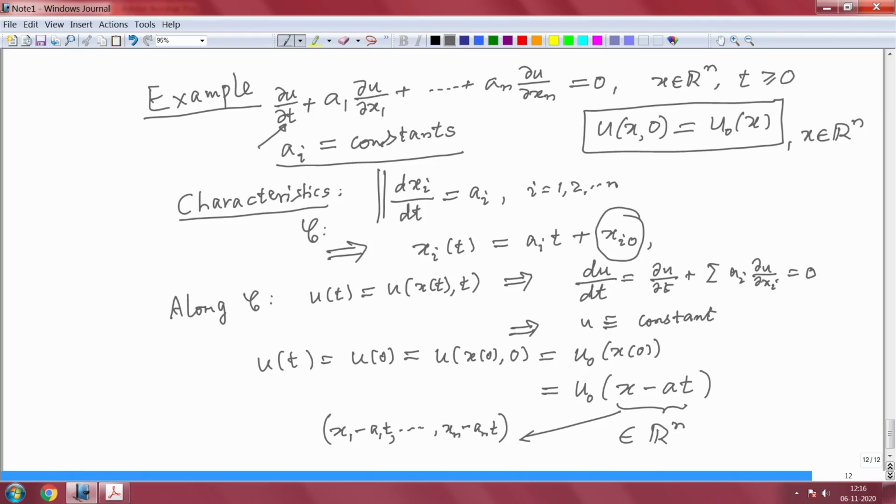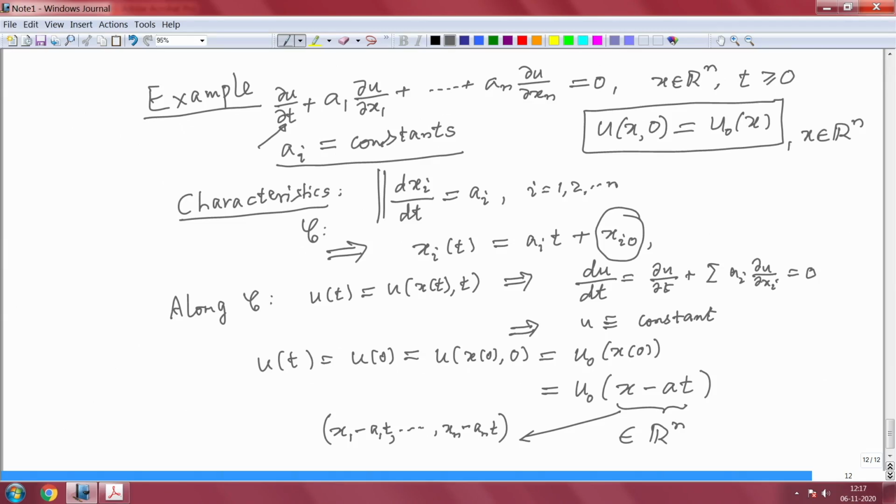So, similarly in the general linear case you can just follow this procedure, and the non characteristic condition helps us to use the implicit function theorem, and in principle we can solve the first order linear equation without any problem, provided we prescribe the initial condition on a non characteristic surface.